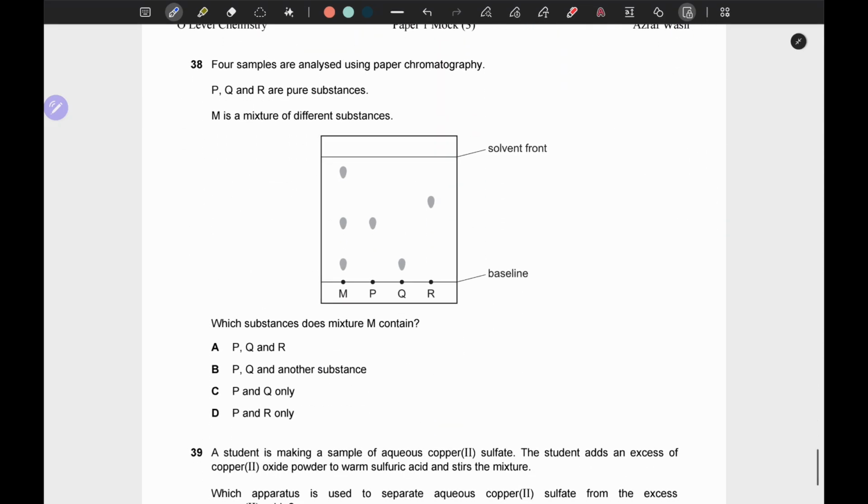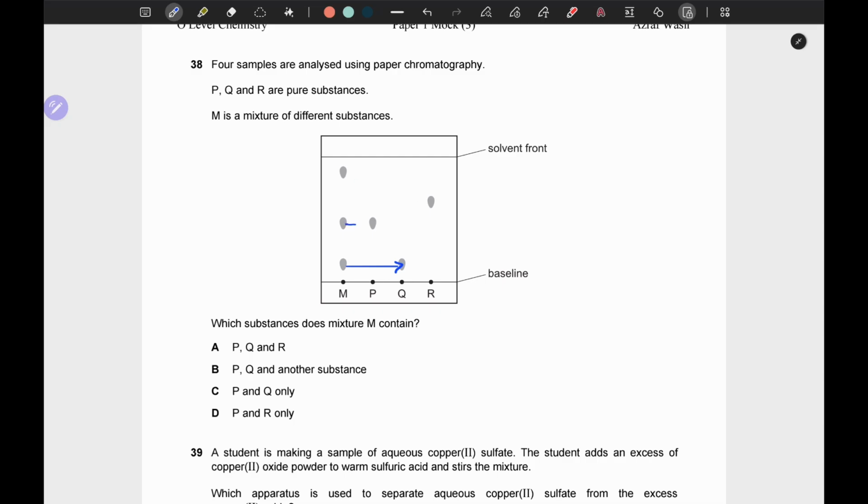Moving on to number 38, 4 samples are analyzed using paper chromatography. P, Q, and R are pure substances. M is a mixture of different substances. Which substance does mixture M contain? So to find this, all we really have to do is just mark each spot from M. So M and Q have a spot on the same level.